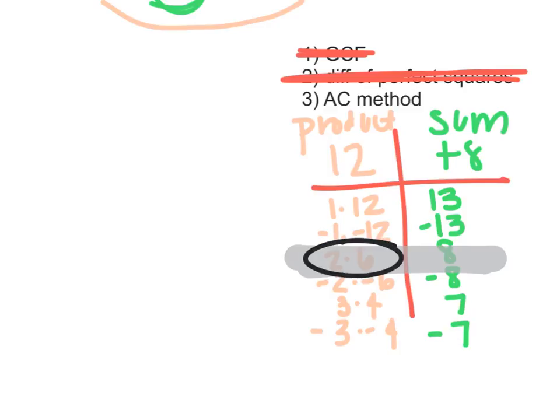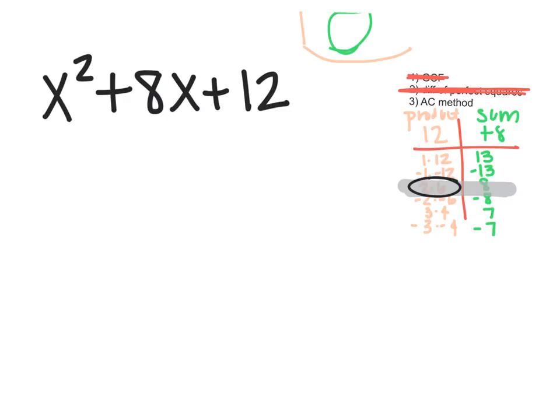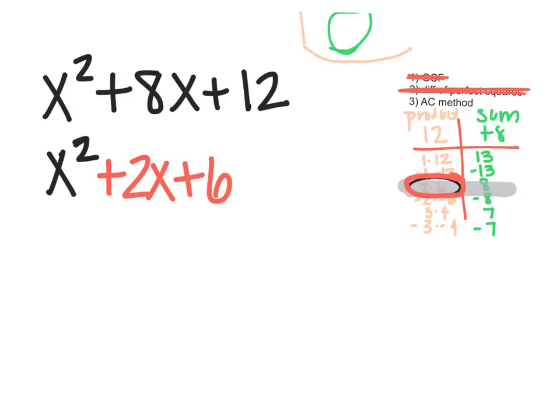To complete the problem, I'm going to rewrite it. I have x squared plus 8x plus 12, and I'm going to use the two numbers we came up with, the 2 and the 6. They're both positive, so I'm going to rewrite this as x squared plus 2x plus 6x plus 12. I'm doing what's called splitting the middle term.